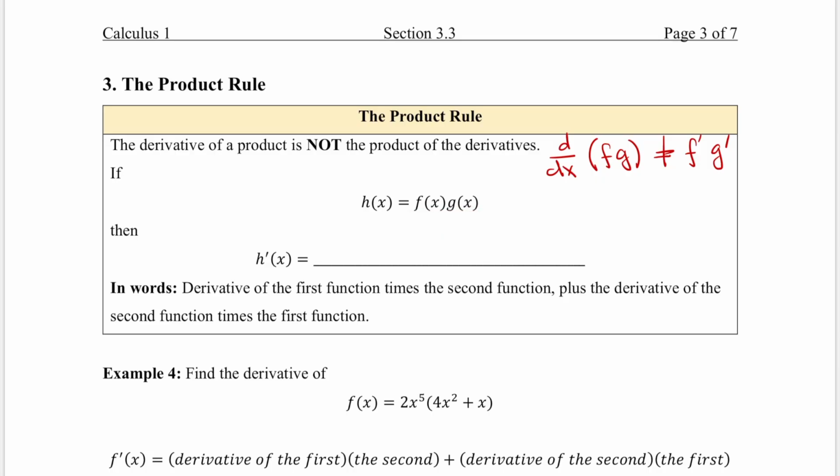The product rule tells us that the derivative is h prime of x equals the derivative of the first function times the second function plus the derivative of the second function times the first. A simple way to remember this is: the derivative of the first times the second plus the derivative of the second times the first.